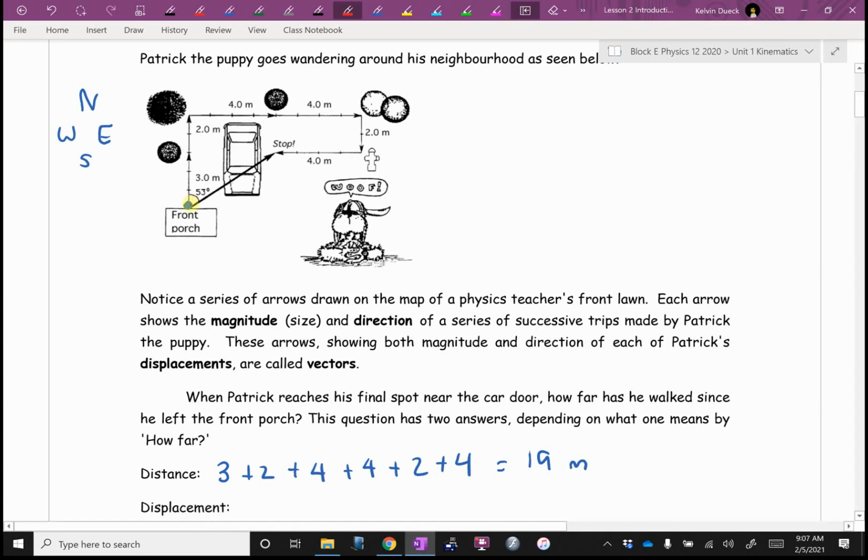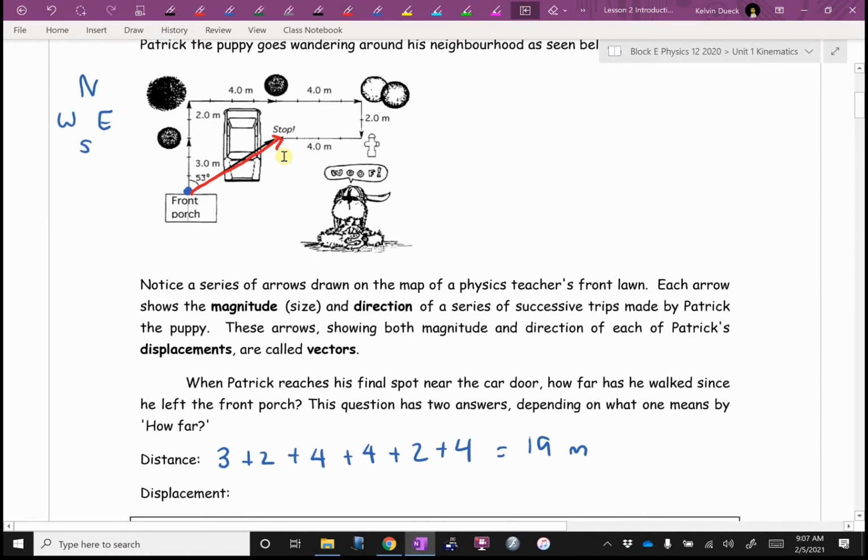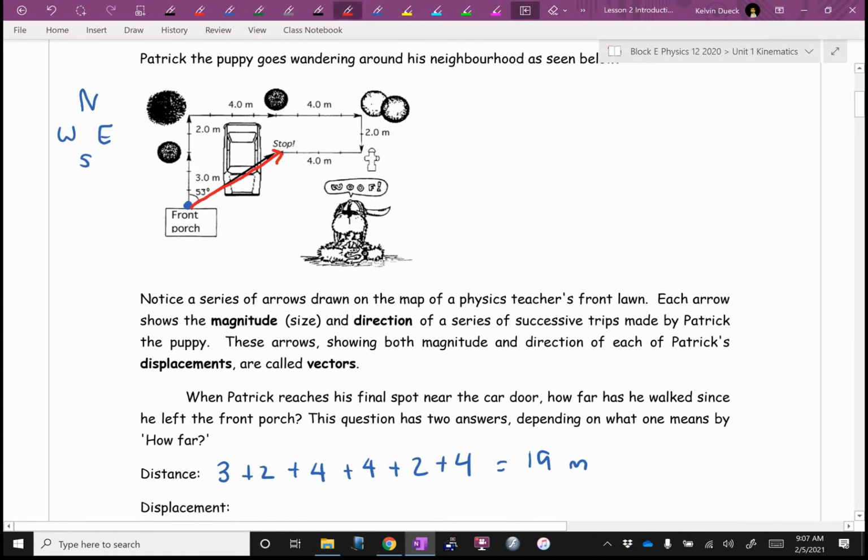Now his displacement is his change in position, which is that little line, that vector, right there. How could I figure that out? Well, in the white space right here, I'm going to redraw that line.